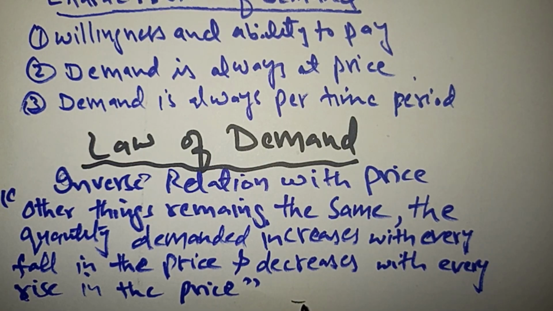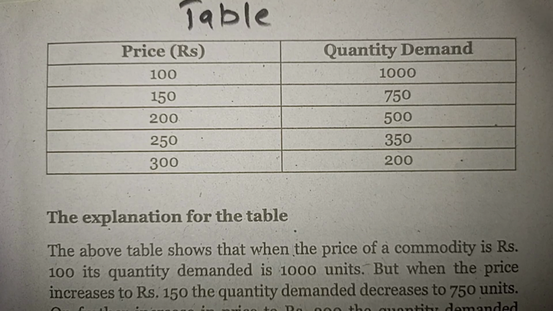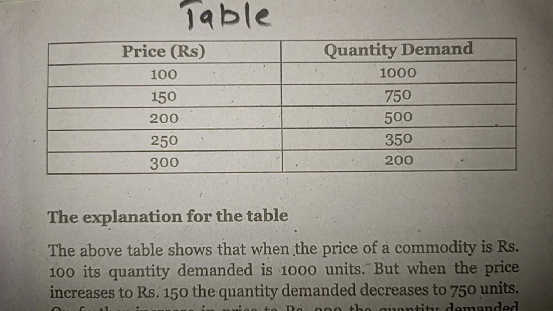The functional relationship between the quantity demanded and the price of the commodity can be expressed in simple mathematical language as under. To describe the law and explain it, here we use a table. With the help of the table, we can easily understand the functional relation of demand and price.